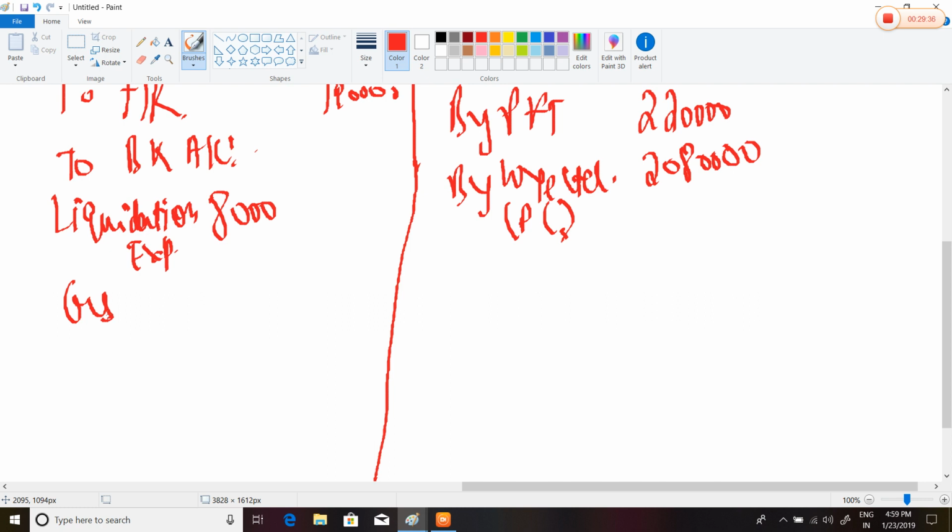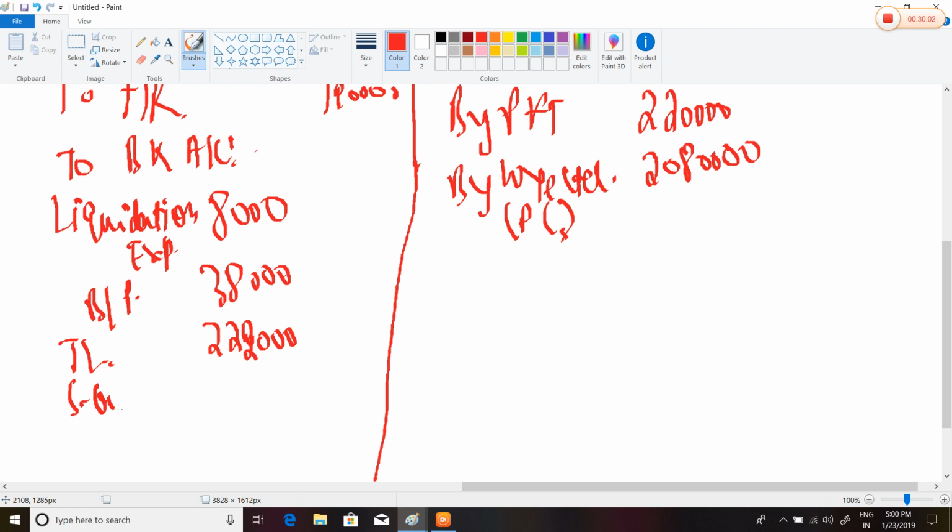First we'll write bills payable 38,000. Tax liability 2,22,000. And sundry creditors, we'll calculate it, so just leave a space here.